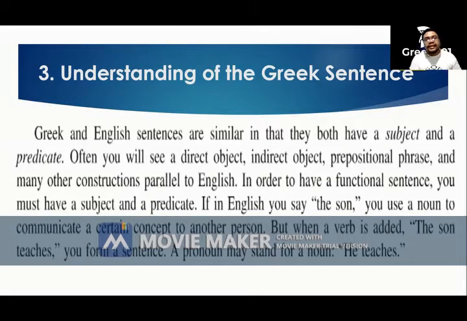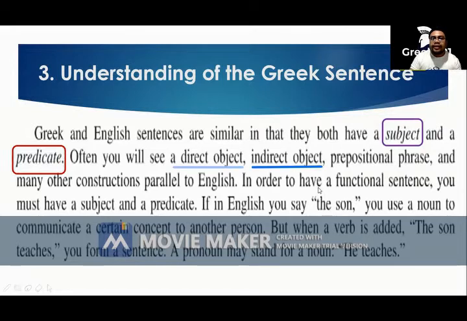Greek and English sentences are similar in that they both have a subject and a predicate. So often you will see a direct object, an indirect object, a prepositional phrase, and many other constructions parallel to English. In order to have a functional sentence, you must have a subject, which is the doer of the action, or the one we are giving emphasis to, and the predicate, that is the action.